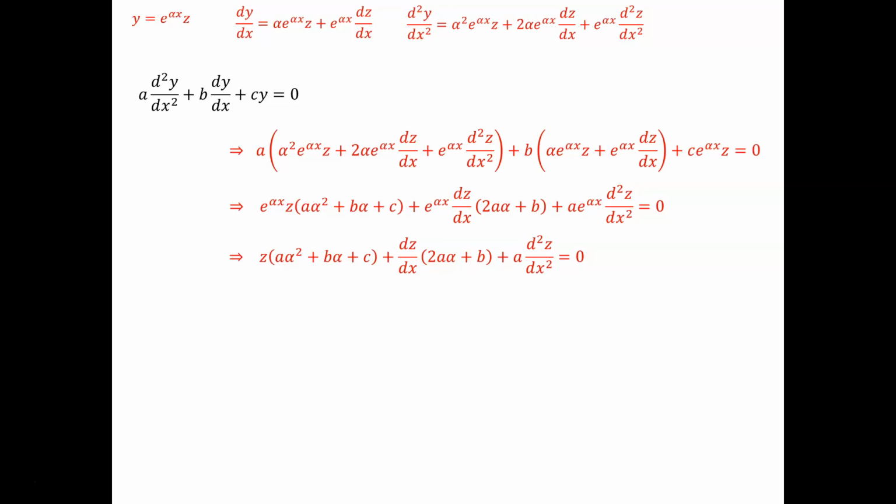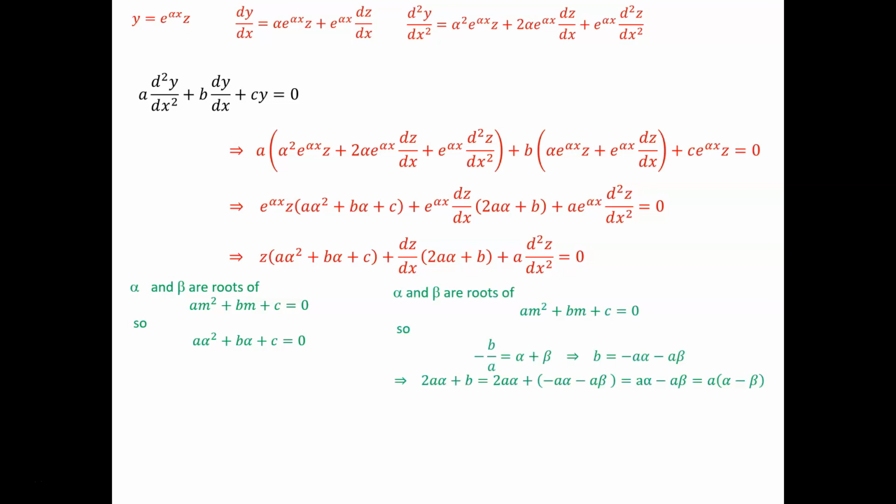Now at this stage we need to remember that alpha and beta are in fact the roots of am squared plus bm plus c. So we certainly know that a alpha squared plus b alpha plus c must equal 0. What's more, we also know that minus b over a must equal alpha plus beta.